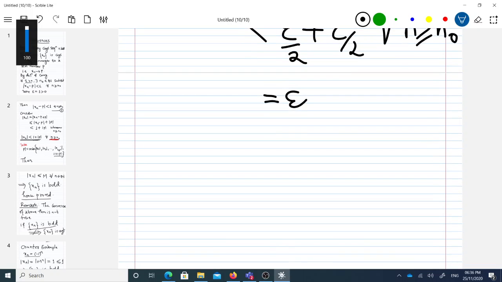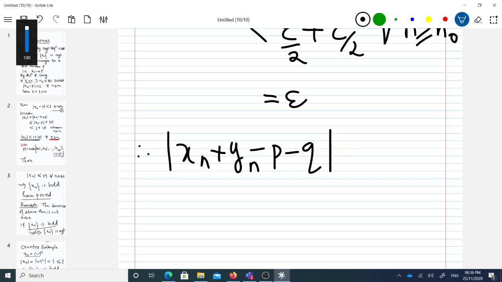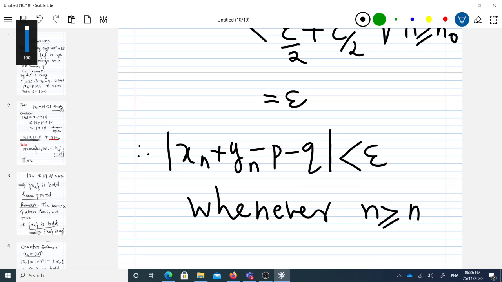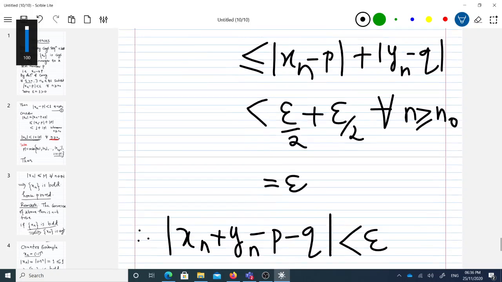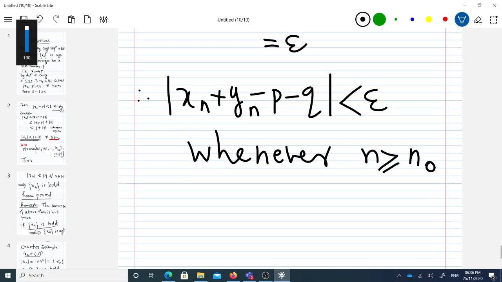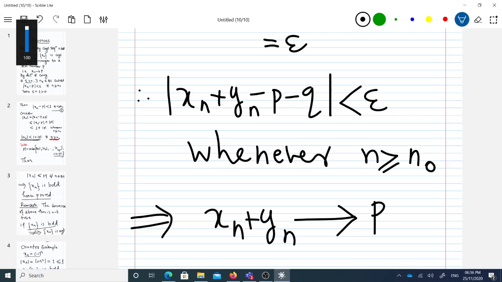So what I got is as follows. Therefore, modulus of xn plus yn minus p minus q is less than epsilon whenever n is greater than or equal to n naught. This would imply the sequence xn plus yn converges to p plus q.